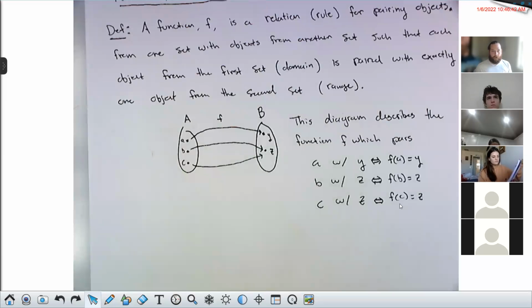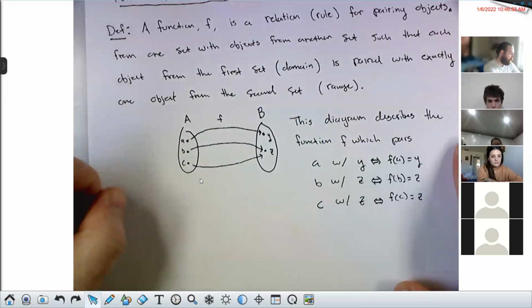There are several ways to describe functions. One of them is this mapping diagram, right? That's what this is called, a mapping diagram. You won't run into these a lot, but they are kind of the easiest way to conceptualize a function when you're first meeting them. We can also describe this with a table.